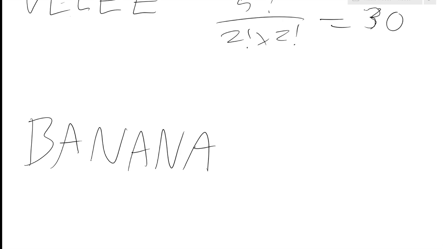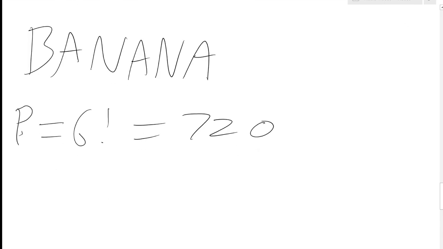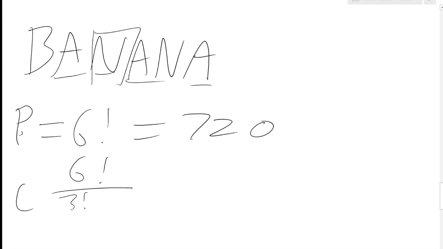And hopefully once you're done, you would get that, first of all, the number of permutations is just 6 factorial, which is 720. The number of combinations is the number of permutations divided by the number of permutations of the 3 A's, 3 factorial, and then that answer divided by the number of permutations of the 2 N's.